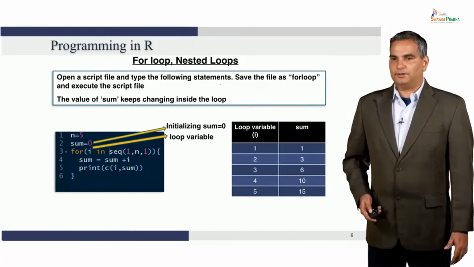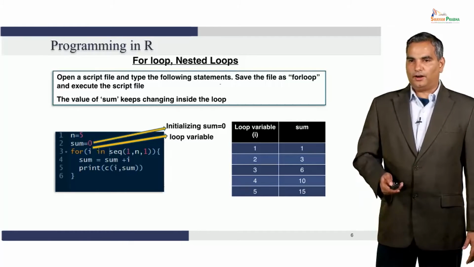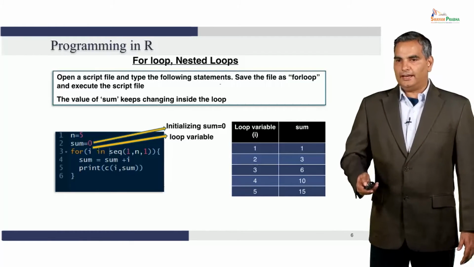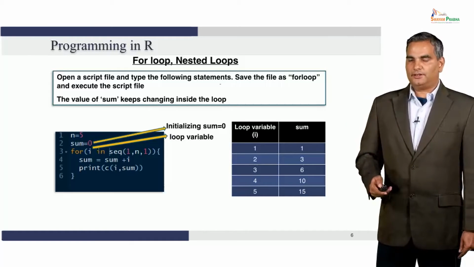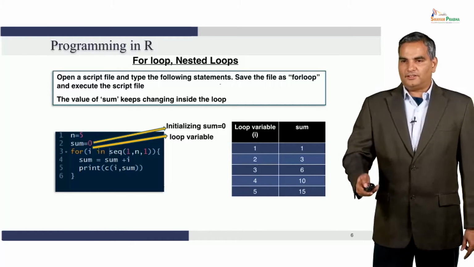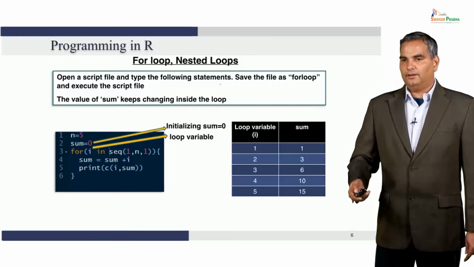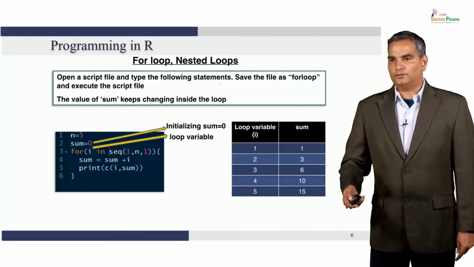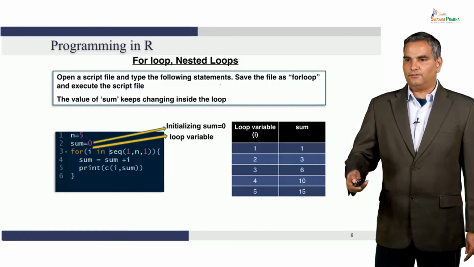So here is a very simple example. n equal to 5, sum equal to 0, for i in sequence 1, n, 1. What does this mean? So basically what we are saying is the first number is 1, the last number is 5, n equal to 5, and use an increment of 1. So this is going to run for i starting from 1, 2, 3, 4, and 5.